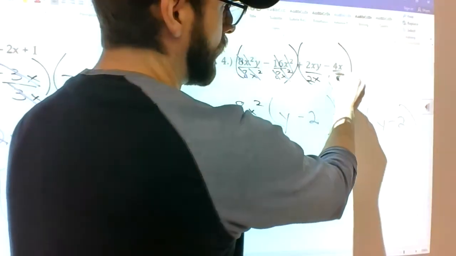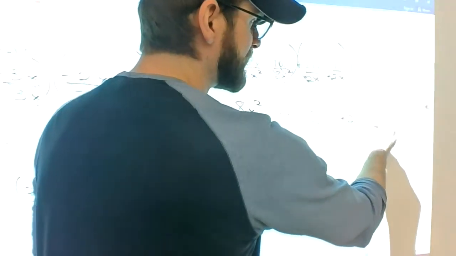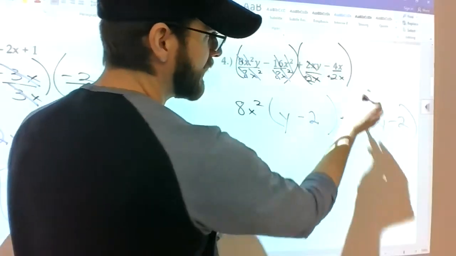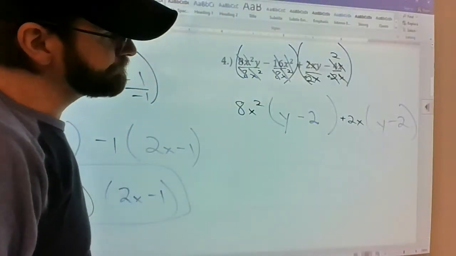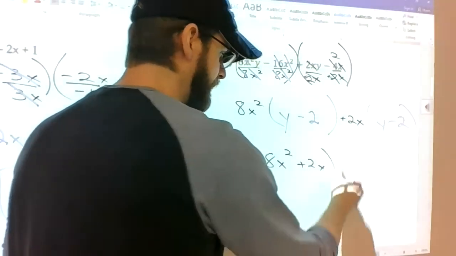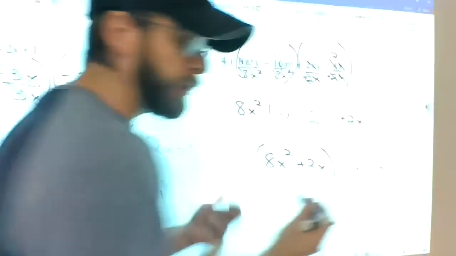So I'm going to take it out, just divide by positive. So divide by positive 2x. That should give us y minus 2. So then x squared plus 2x become 1. Y minus 2's, those become 1.